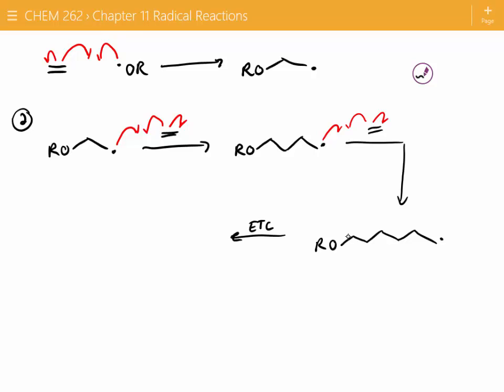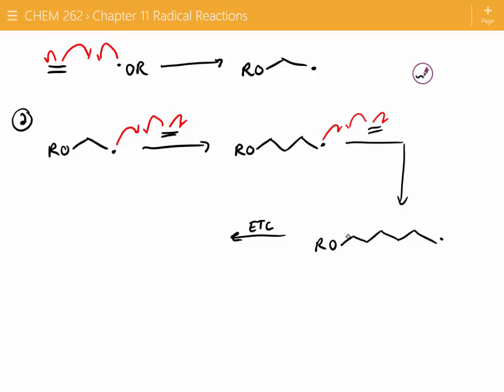This is called the chain growth or propagation step in polymerization. So that's why we call it propagation. In our radical halogenation, it's not really a propagation, it's just additions and abstractions. But in polymerization, you're always growing a chain, so it's propagating the chain along.